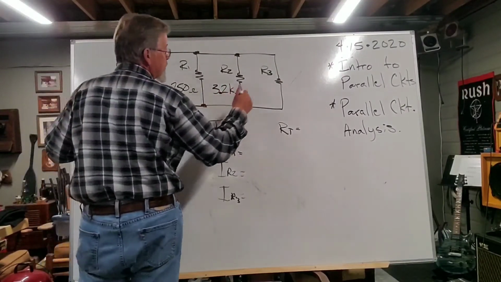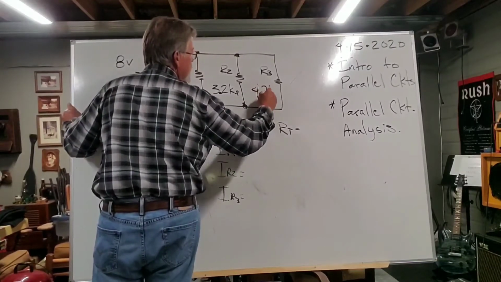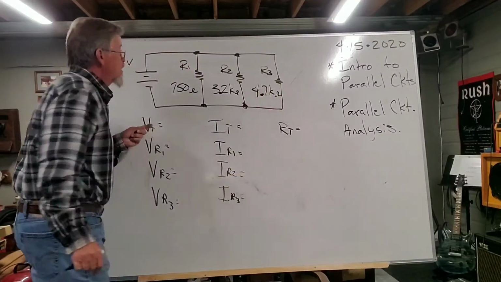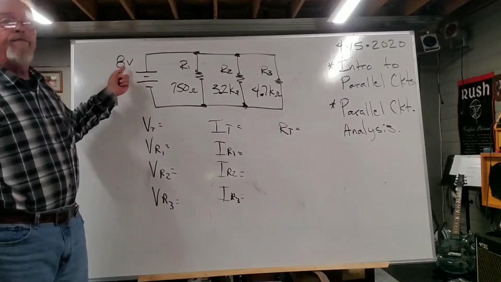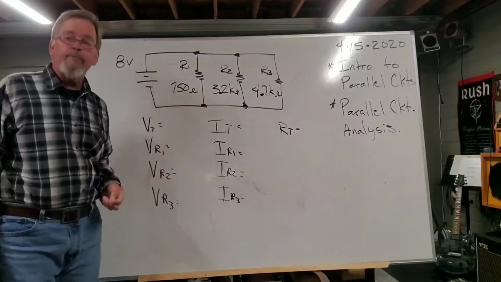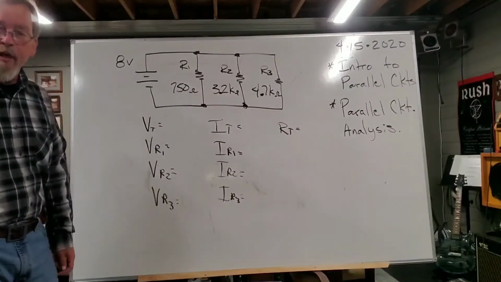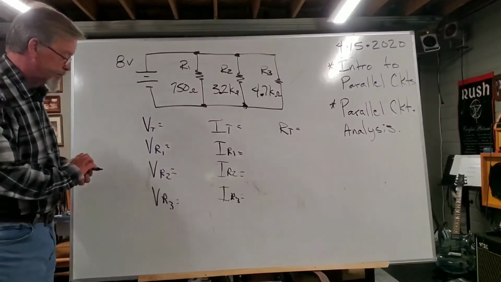So the first problem is 8 volts total, 750 ohms R1, 3.2 kiloohms R2, and 4.7 kiloohms R3.